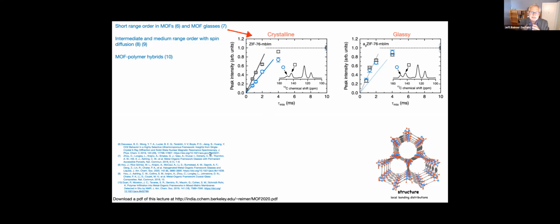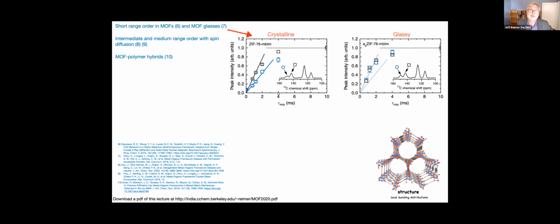Let's just take MOF glasses for a moment as an example from this particular reference, number 7 on this list. And the question here was, if I make a multivariate MOF, in the crystalline form and in the glassy form, is the distribution of linkers in both those forms similar? Well, the answer can be discerned by doing rate measurements. It's a funny rate in NMR. Here's a carbon-13 peak associated with one linker. Here's a carbon-13 peak associated with a different linker. And the rate measurement asks, how do those peaks grow with time?